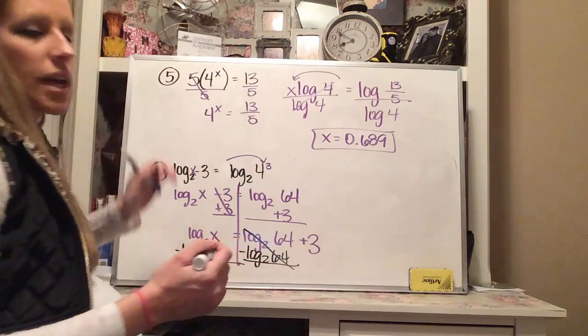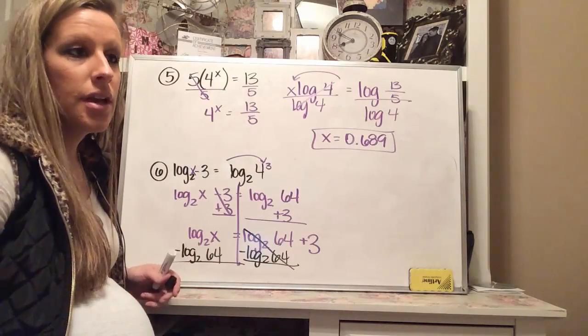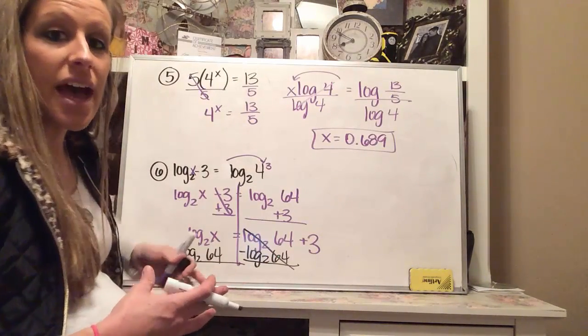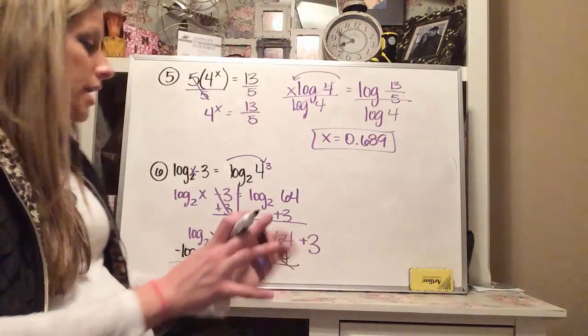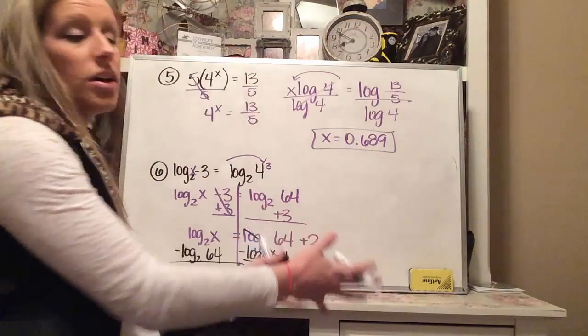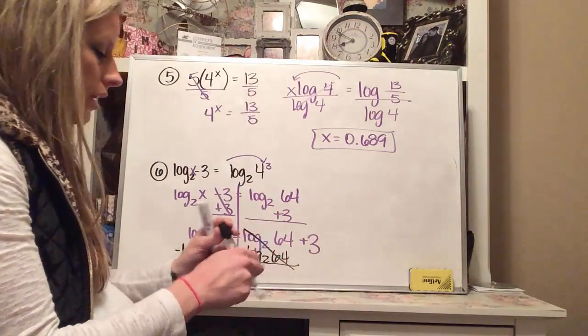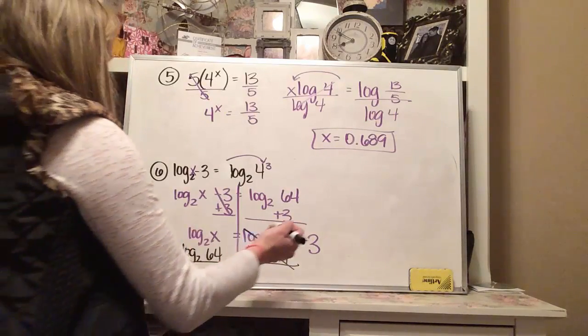So it's kind of like whenever you're solving for x in an equation. You get your x's on the same side and you get your constants on the other. It's the exact same thing, except we're getting our logs on the same side and our constants on the other. Okay, but it's the same kind of principle here.